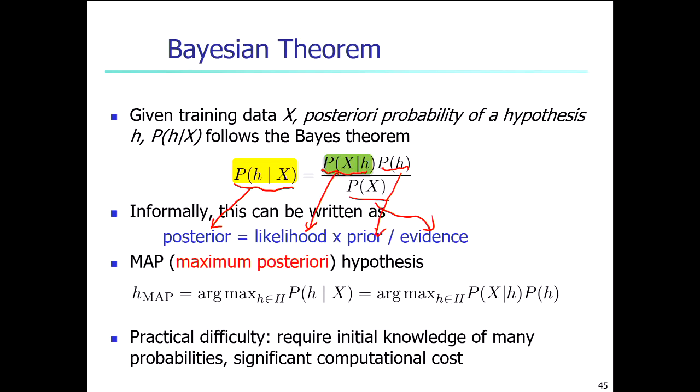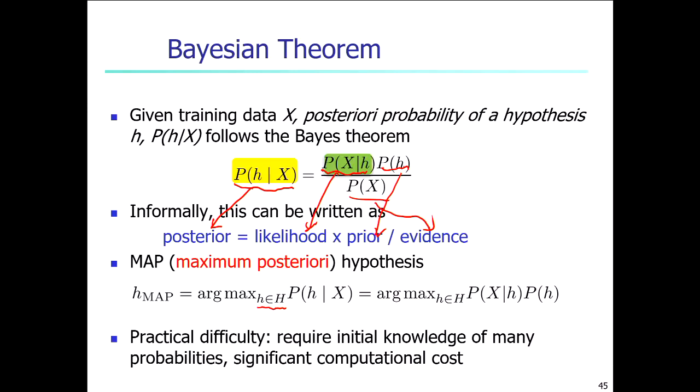Then, what we want is the H, from all the possible hypotheses, such that the probability of H given X is maximum.